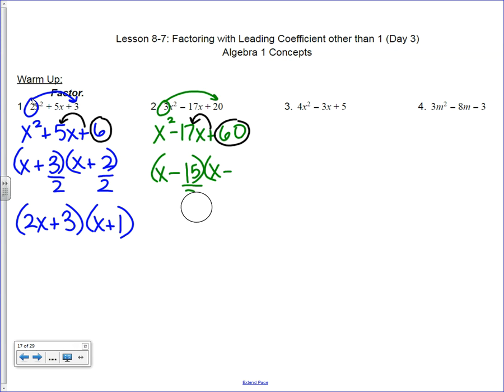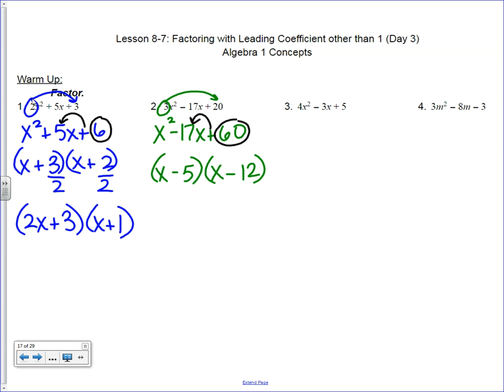Thanks, guys. 60 divided by, what are you trying? 5 and 12? That'll work. And both minuses again, sir, right?